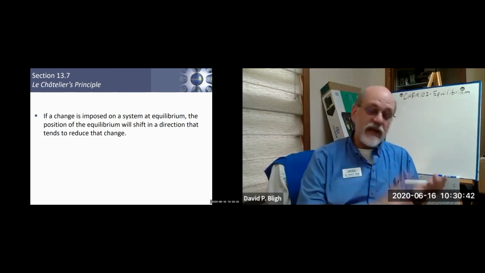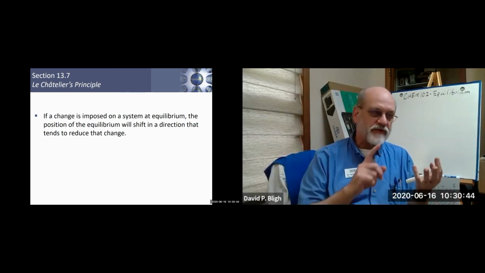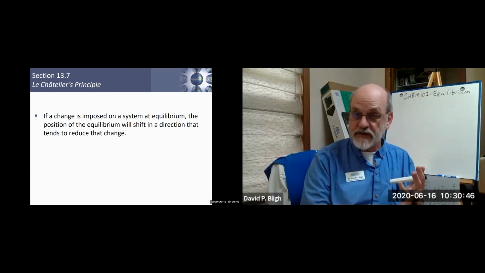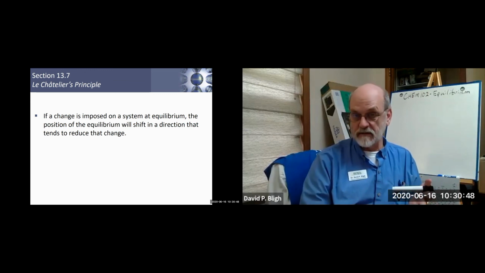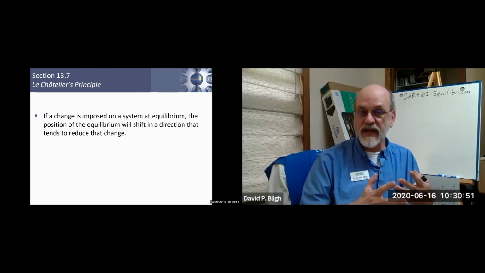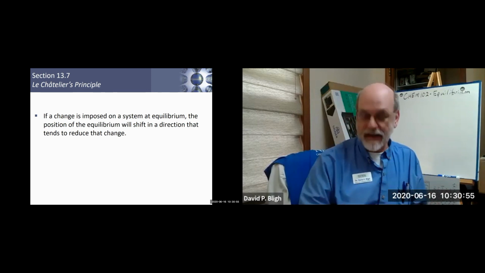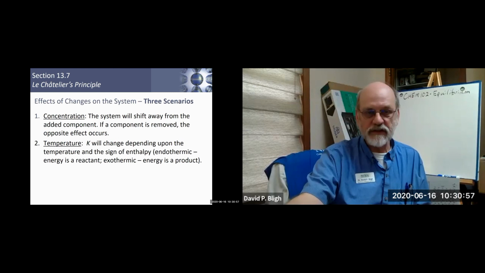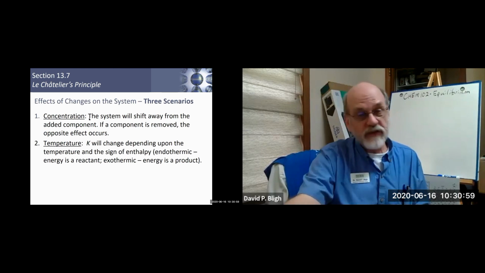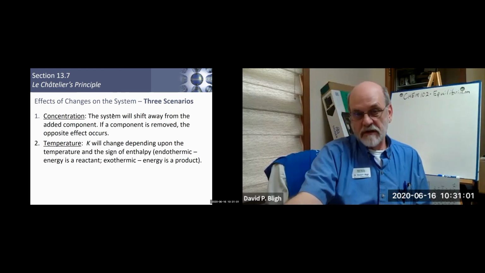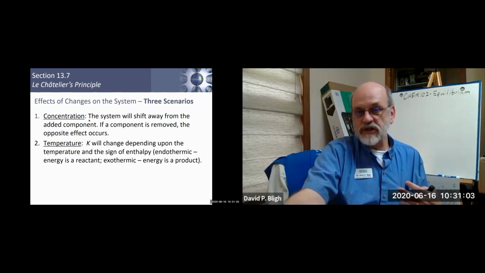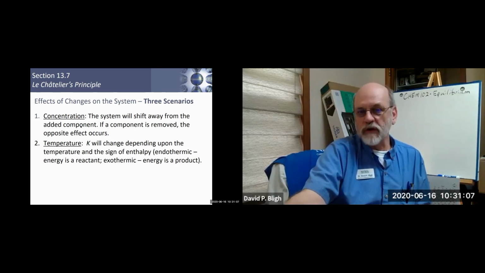What happens if the temperature changes? What happens if the pressure changes on a system that's got gases in it? Those are considerations to be made, and Le Chatelier's principle does apply. So let's take a look at some of those. We looked at concentration already. The system just shifts away from the added component or shifts toward the removed component.